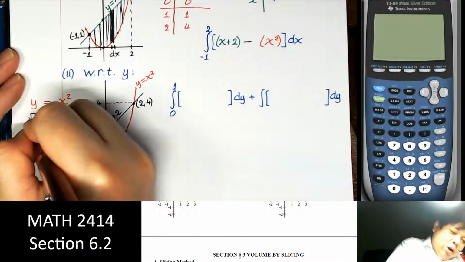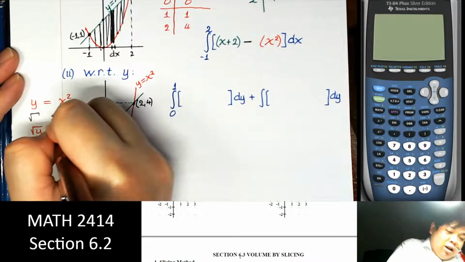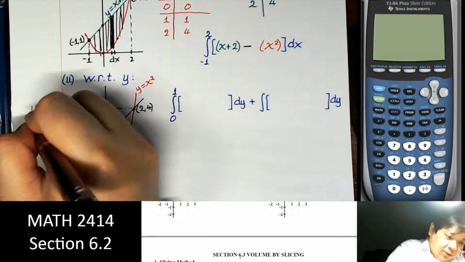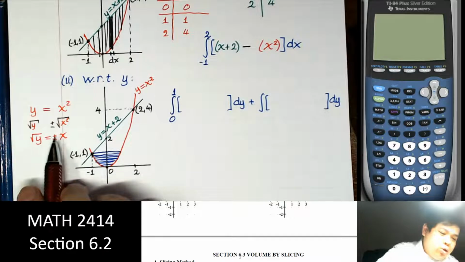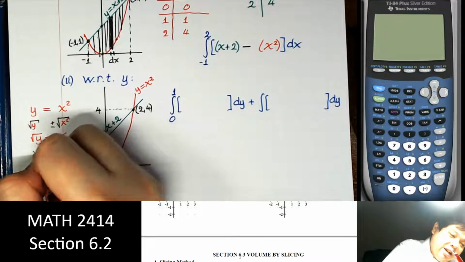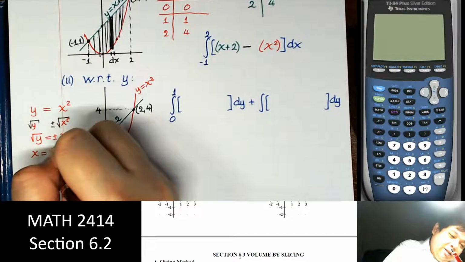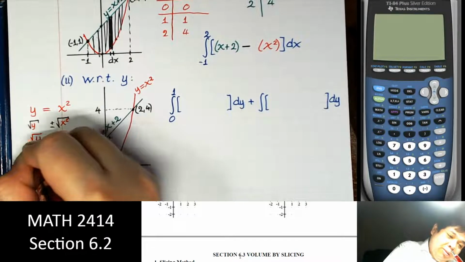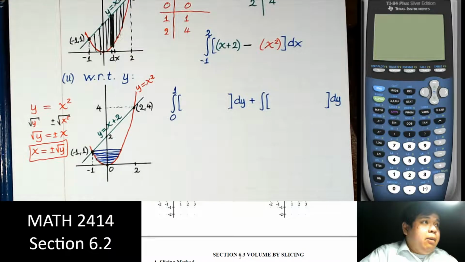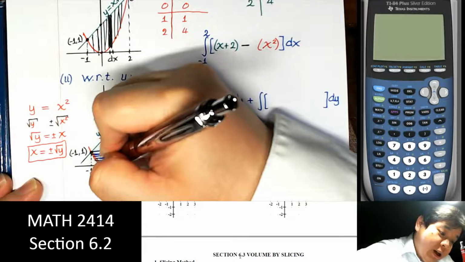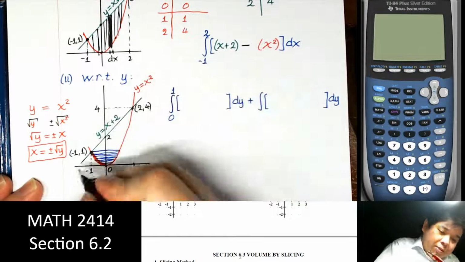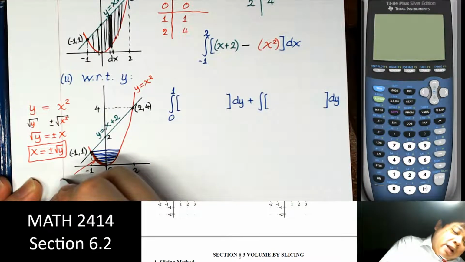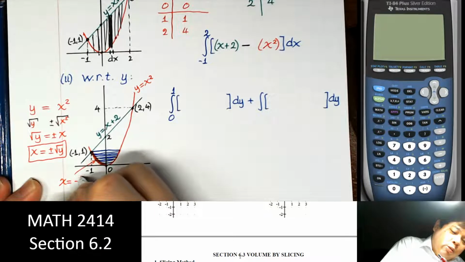So we have square root of y equal to plus or minus, or of course you can put the plus or minus on the left hand side. So x is equal to plus or minus square root of y. Indeed we do have it on this side. That one, we have x equal to negative square root of y.